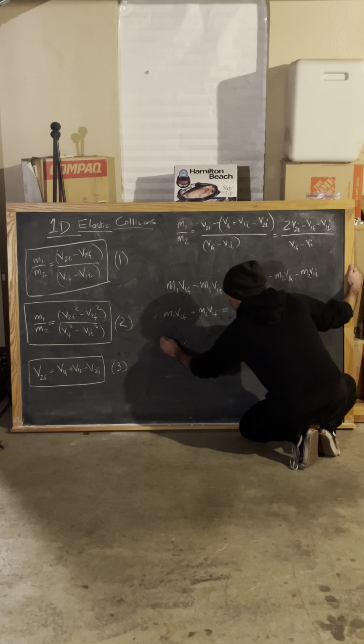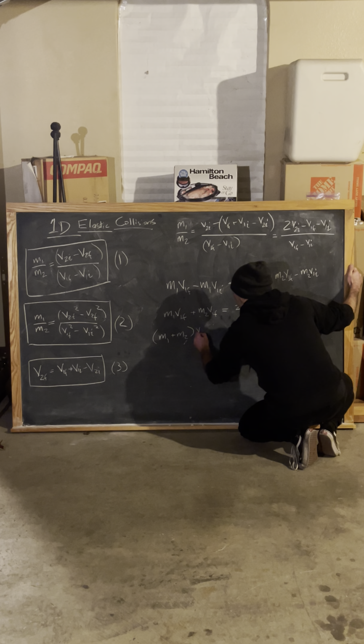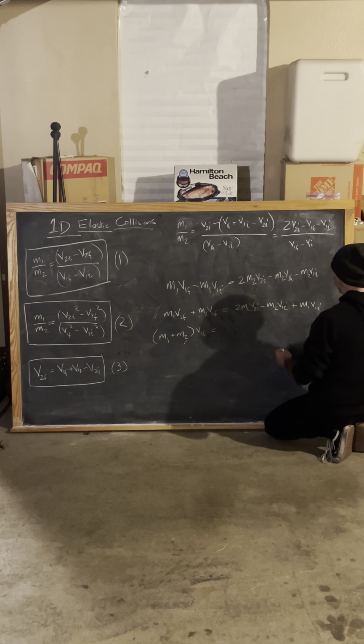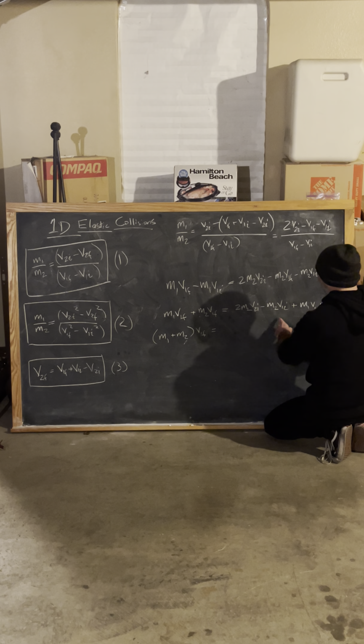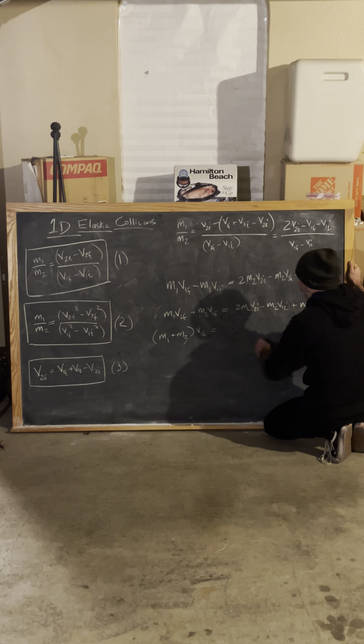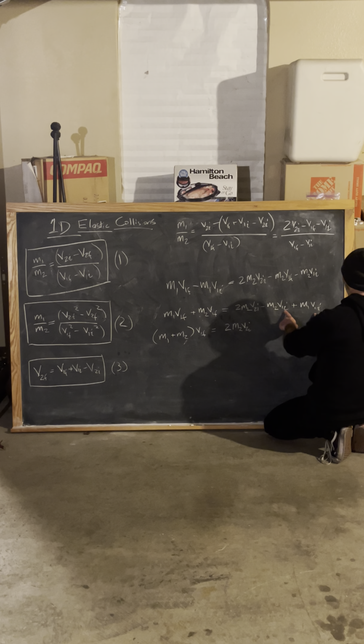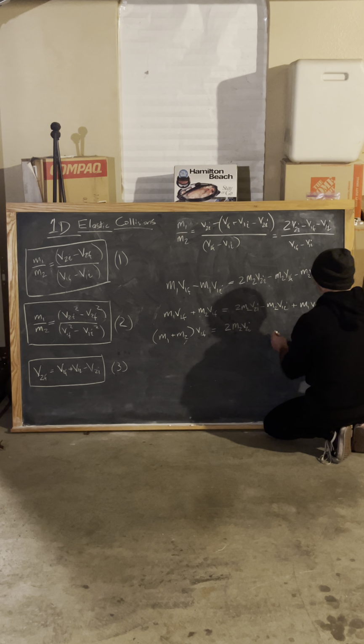And now I'm going to factor out v1f. So this is m1 plus m2 times v1f is equal to, I'm going to write this in a form that will become obvious soon why I'm writing it that way. So we've got 2 m2 v2I and now these are both v1I's.